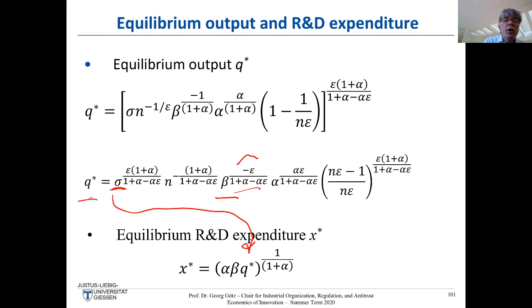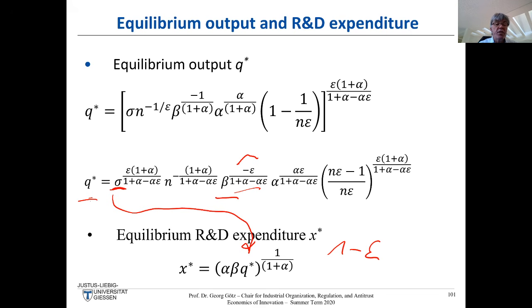If you add this here, you will see it actually turns out that you get some equation where beta has in a numerator a 1 minus epsilon. And what you see here is if epsilon is larger than 1, that's exactly the statement we made, epsilon is larger than 1 if demand is elastic, and an increase in beta will lead to lower R&D expenditure.